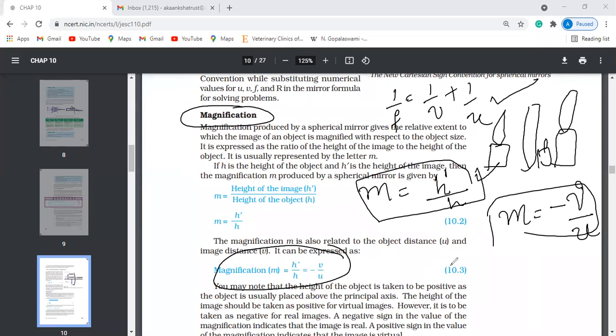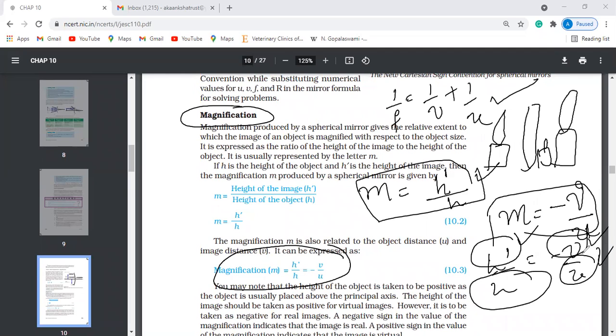Sometimes in the question they will ask h dash by h is equal to minus v by u. For example, sometimes they will give h dash, sometimes they will give v and u, and ask you to find the height of the object.